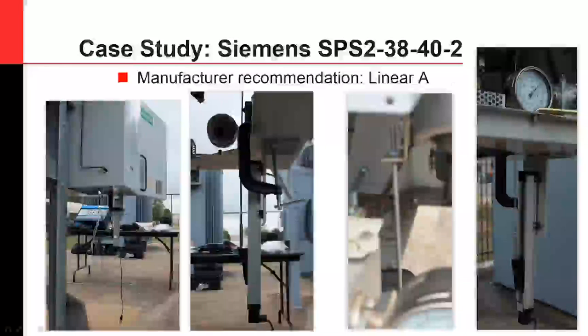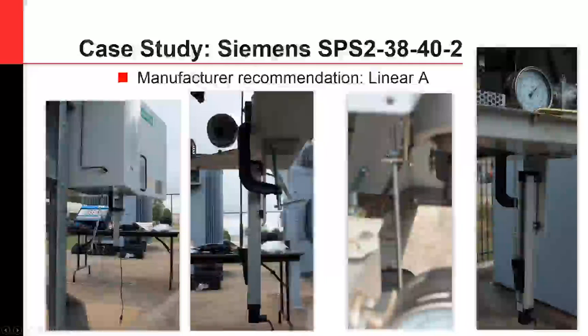So looking at this one, from our manufacturer recommendation, we're going to call it linear A, and they say hook directly to the mechanism. If you look on this very left picture, you'll see they provide a little spot where you can take off a plate below the control cabinet, so you can C-clamp your transducer up there to the cabinet.